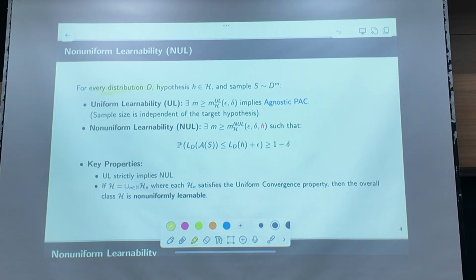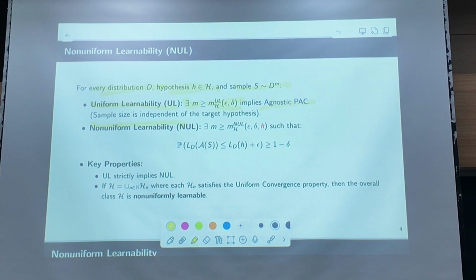Given the distribution of some data and your hypotheses, and you take M samples, uniform learnability: there is a sample size M which is greater than the sample complexity, which is a function of epsilon and delta only, and then you get agnostic PAC.